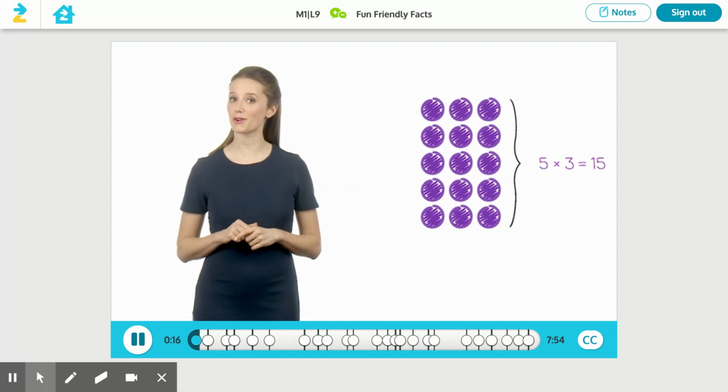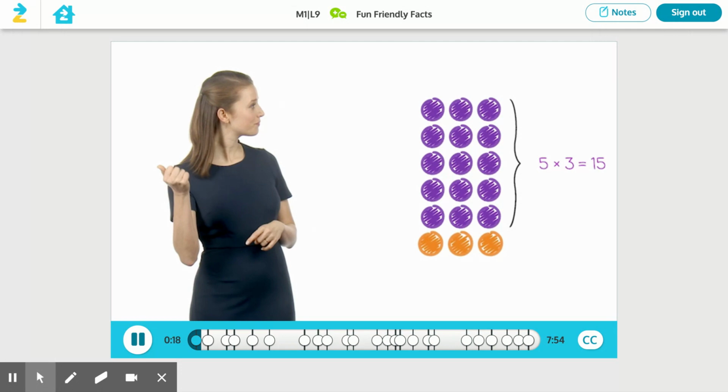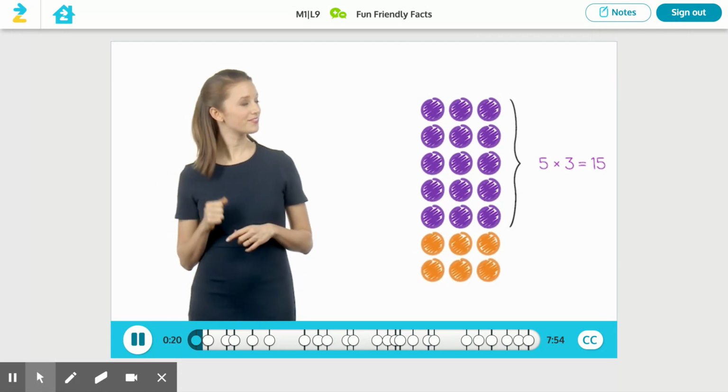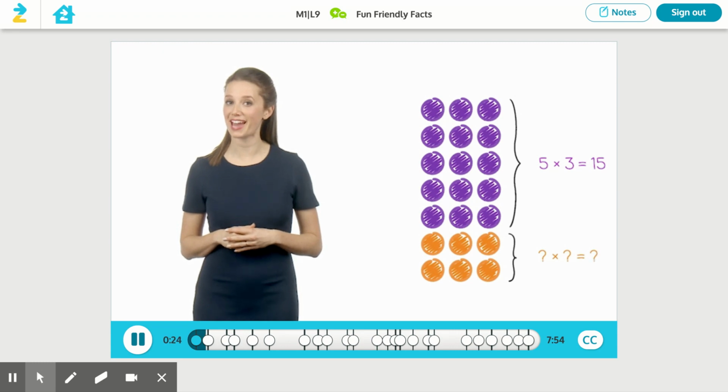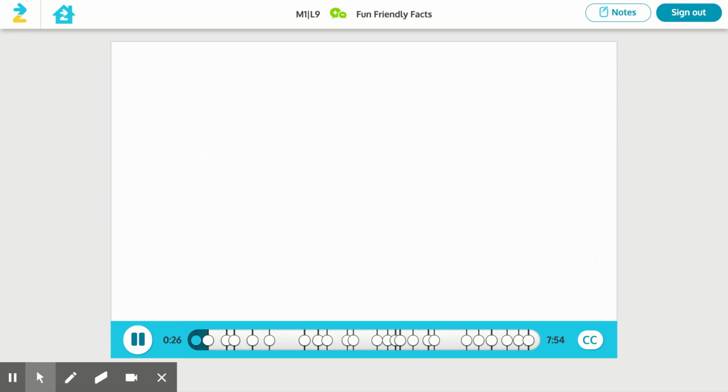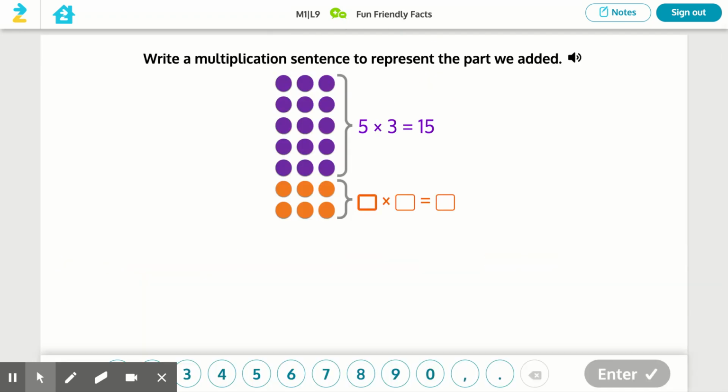Let's add some more rows to our array. Write a multiplication sentence to describe the part that we added. All right, guys. So now we're going to write a multiplication equation that describes just the orange counters. The same way we wrote a multiplication sentence up here to describe the purple, we're going to do the exact same thing for the orange.